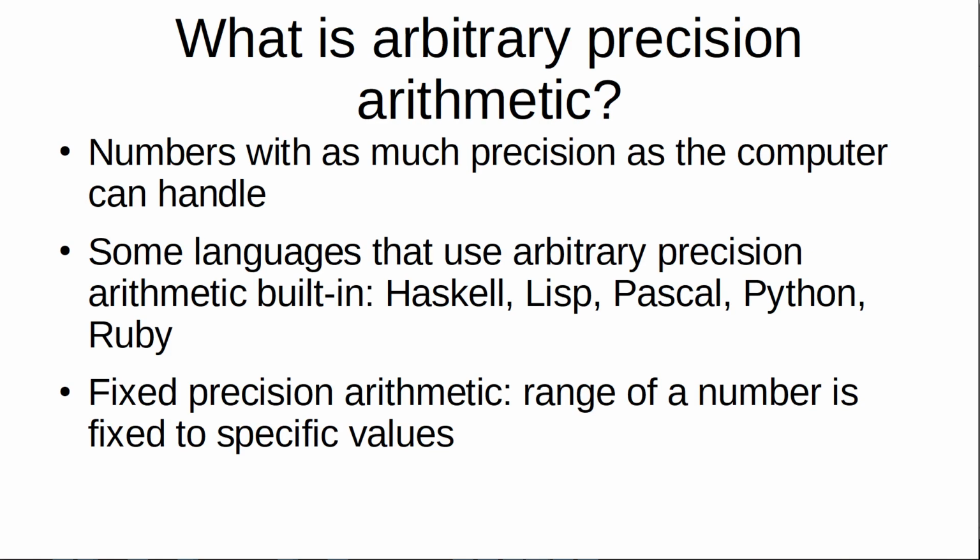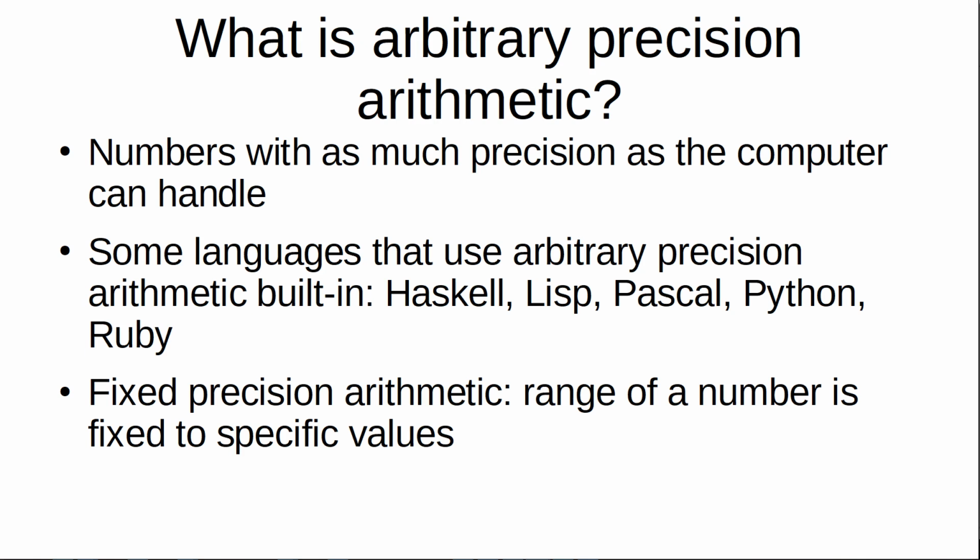What is arbitrary precision arithmetic? It's a system of storing and calculating with numbers where the precision of a number is limited only by the memory of the computer. Some examples of programming languages that have built-in support for arbitrary precision arithmetic include Haskell, Python, and Ruby, and I'm sure there are many others.